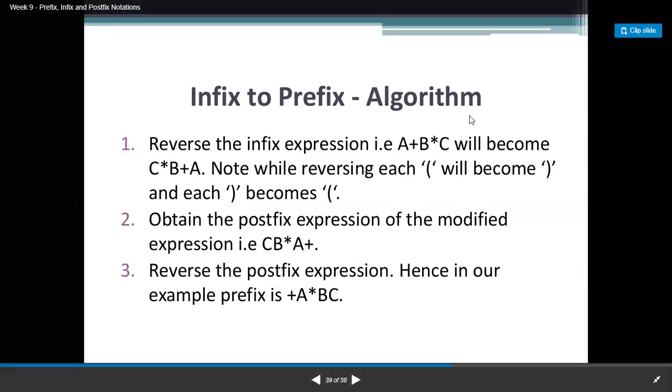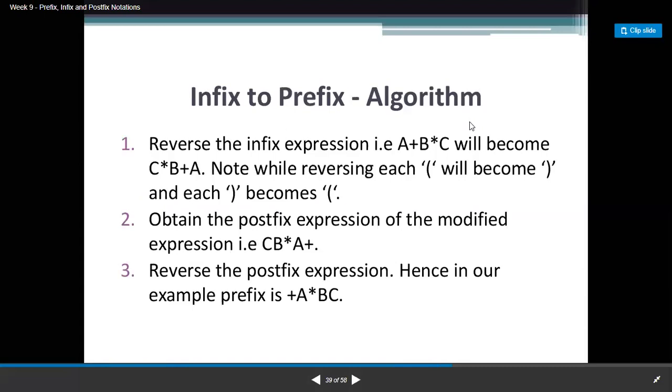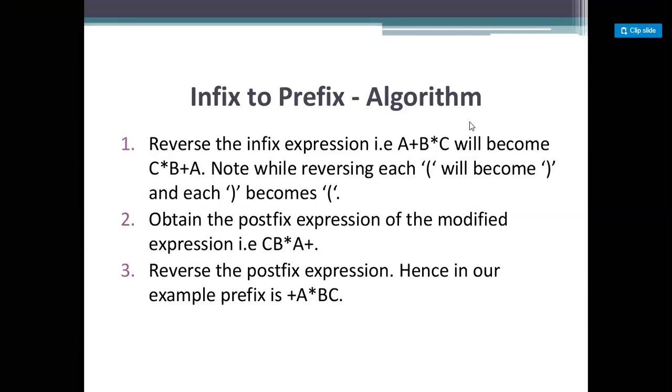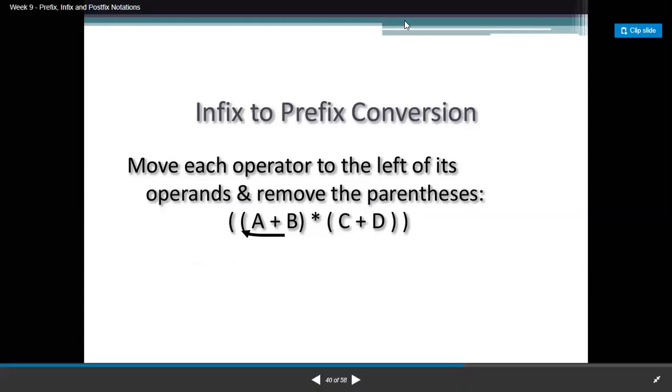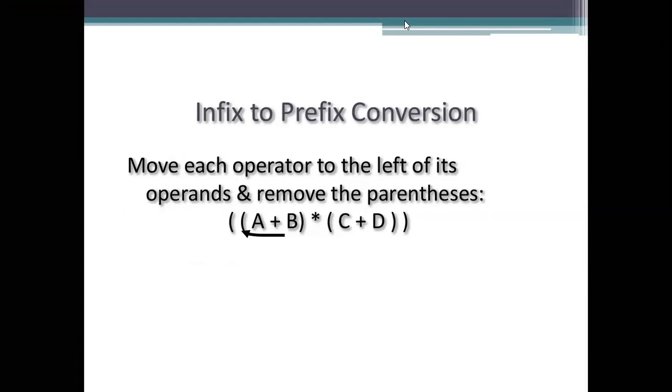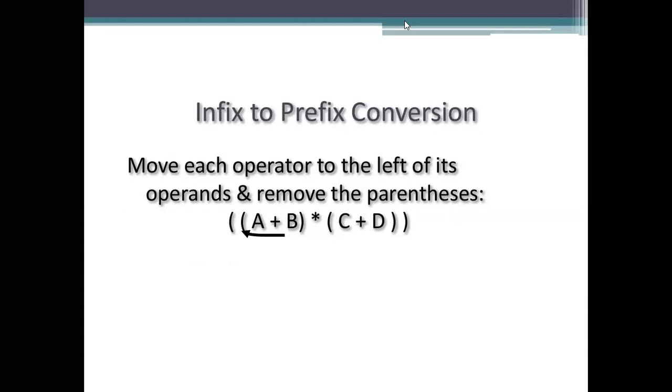Now we have seen how to convert from infix to postfix. Now we will see how to convert from infix to prefix. That means the operator will come in front. Now this one is not that important for our course, because we already have one that can be understood by our compiler or computer. That means between postfix and prefix, if you learn one of them, that is enough.